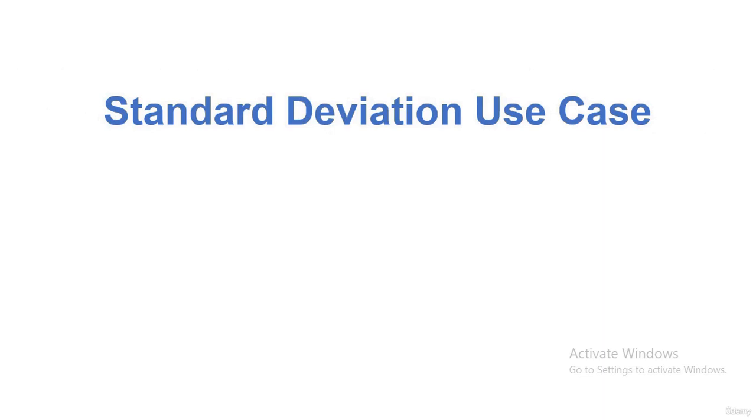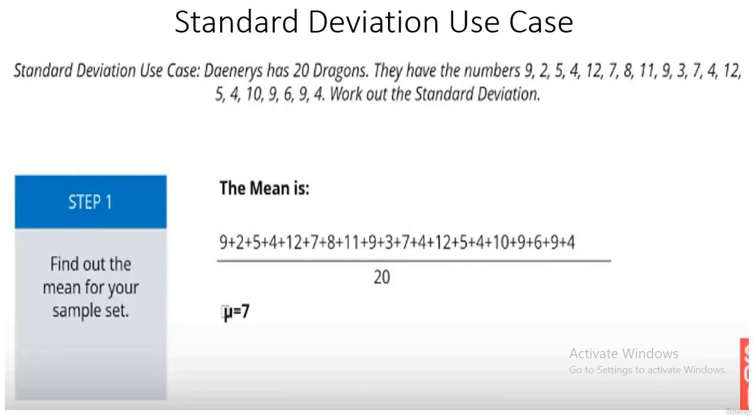So let's see a standard deviation use case. Here there are 20 figures. Daenerys has 20 dragons. They have the numbers 9, 2, 5, 4 and so on. Work out the standard deviation. Step 1 to find the standard deviation is to find the mean of your sample set.